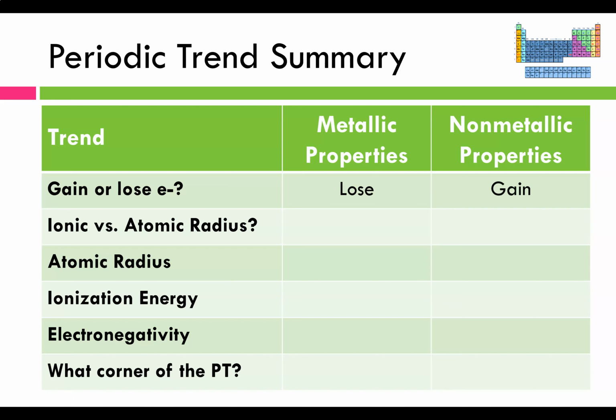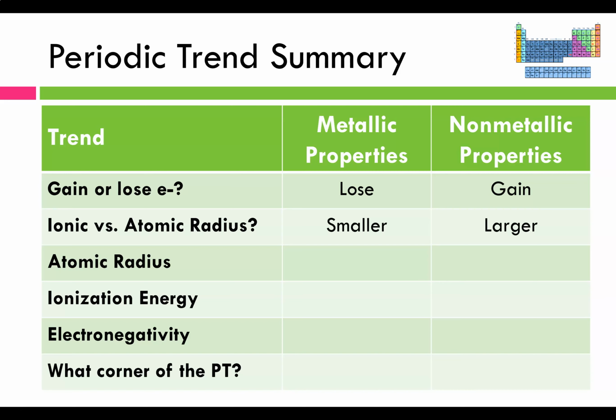If we compare the size of the ionic radius, the ion that's going to form, either cation or anion, versus the atomic radius, when it comes to metals, since they always lose electrons and form cations, the ionic radius will be smaller than the atomic radius. Since nonmetals always gain electrons, their ionic radius will be larger than the atomic radius.